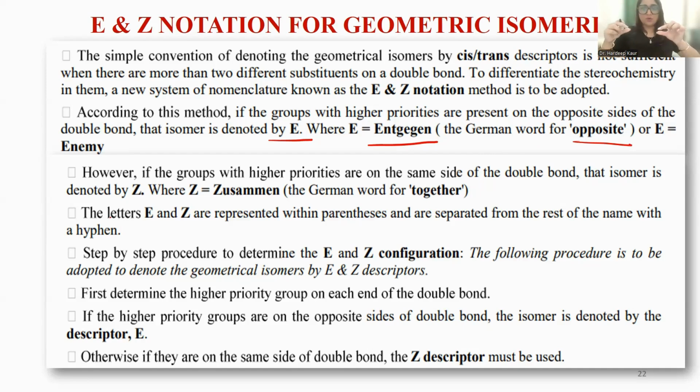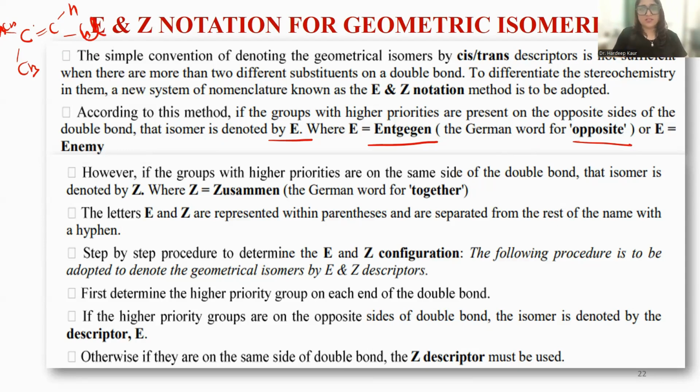Sometimes in a double bond there are different groups. Suppose there is CH3, CH3, but suppose there is no H, here it is Cl, and here it is Br. So it's different.